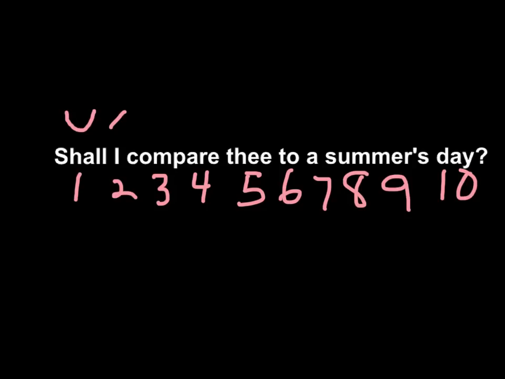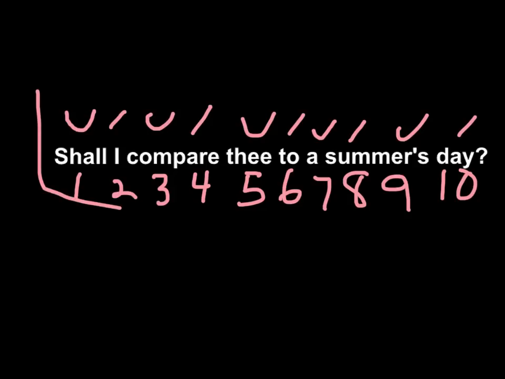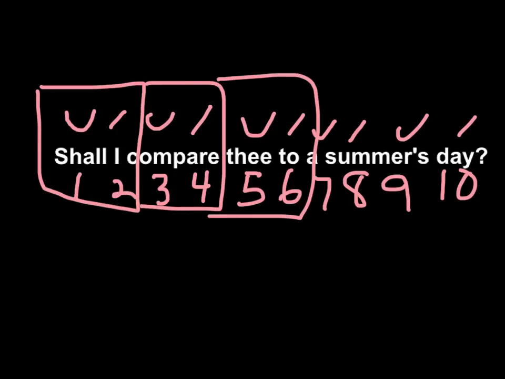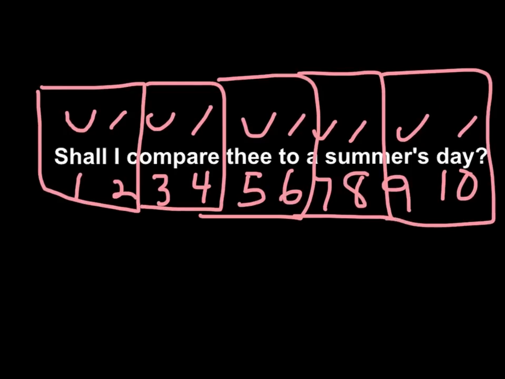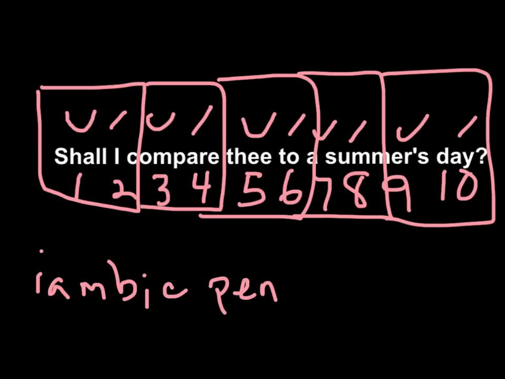Shall I, not shall I, but shall I compare thee to a summer's day? For 1, 2, 3, 4, 5. Hence, we have Iambic Pentameter.